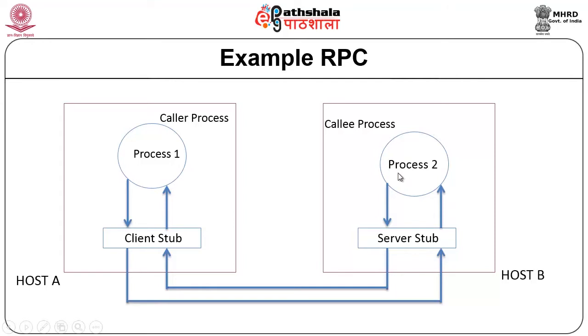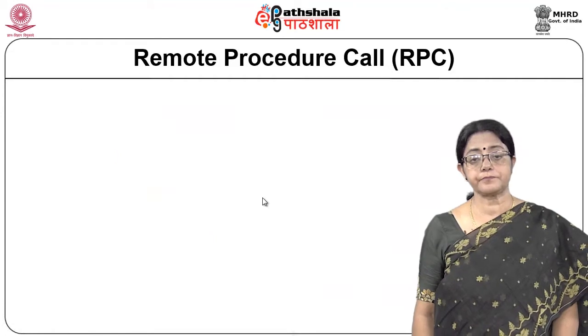Similarly, when it is time for the result to come through RPC, the callee process sends the result only to the server stub, which transfers the data to the client stub, which delivers the data to the caller process.